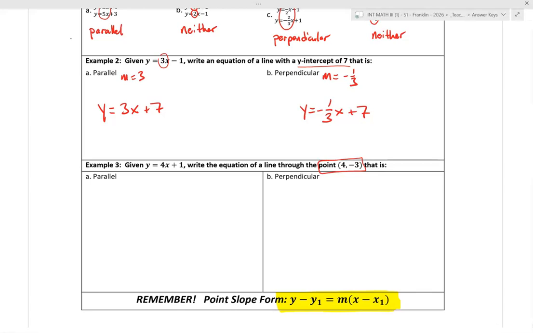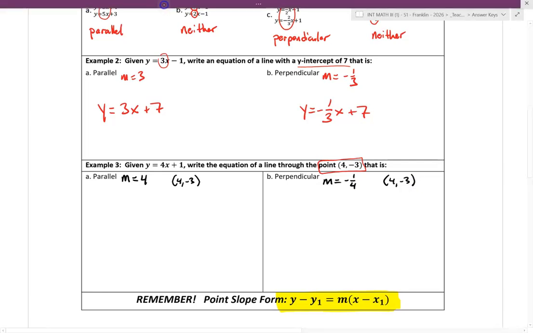Okay, so first let's consider the slopes. Our parallel line will have a slope of 4, and our perpendicular line will have a slope of negative 1/4. And for both of these, we're going to use the point (4, -3), because that's the point we're given in the problem.